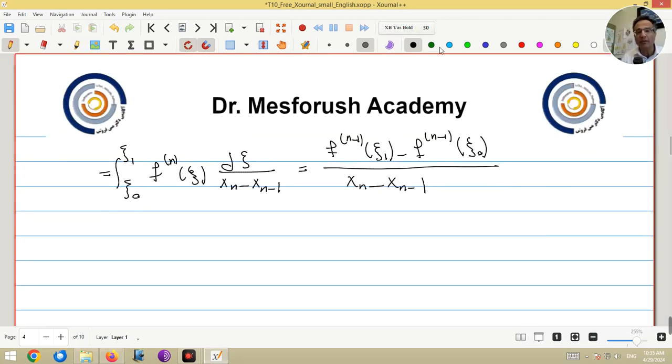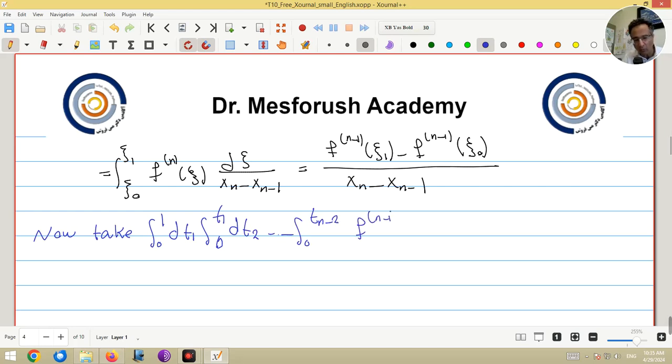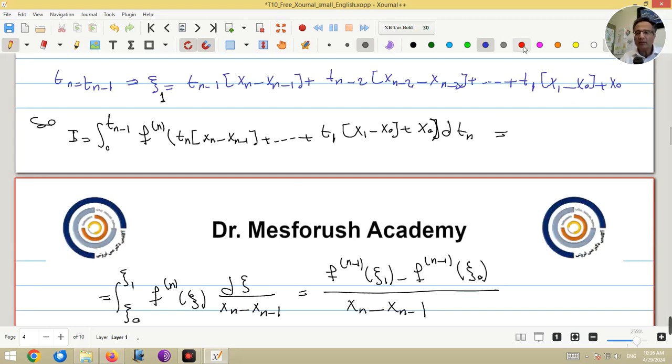Now take the integral from 0 to 1 dt1, 0 to t1 dt2, 0 to tn minus 2 of fn minus 1 dtn minus 1 from both sides of, let me call it, 2 star.